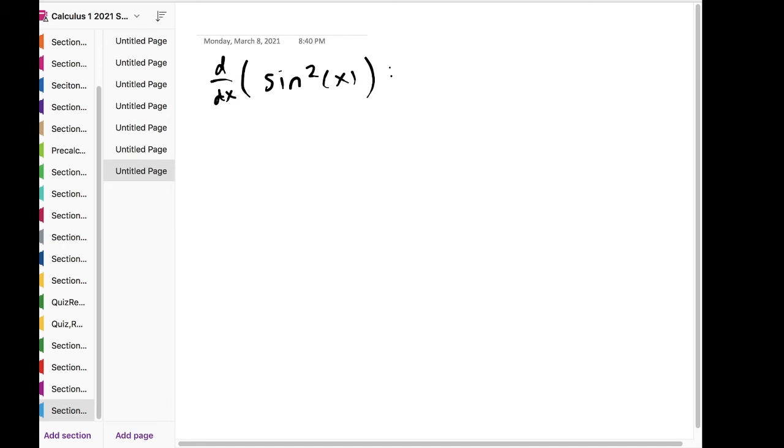Okay, so we need an f and a g. For f of g of x, what's f of x and what's g of x? So write this as a composition.